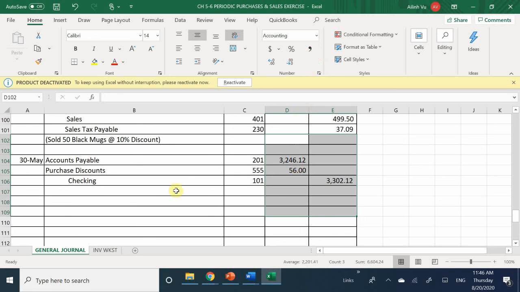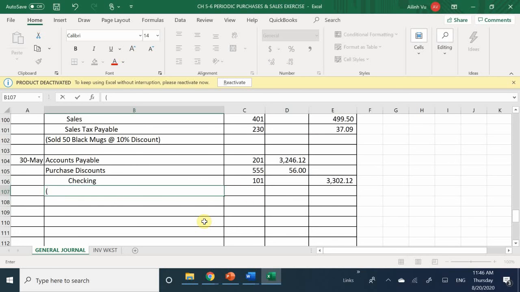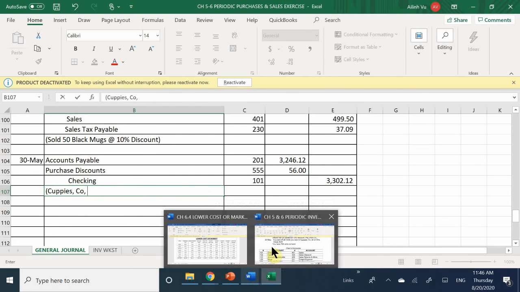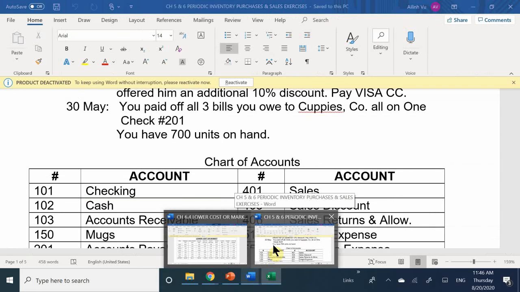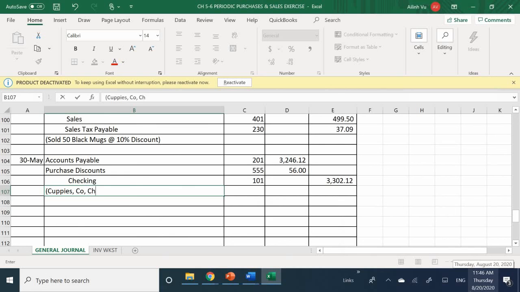And we're going to go ahead and say to Cuppies Co. And what was the check number I'm using? So I'm going to indicate that I paid with check number 201.